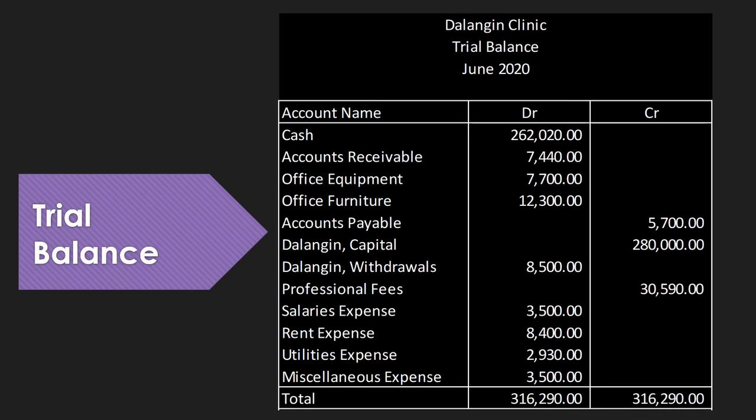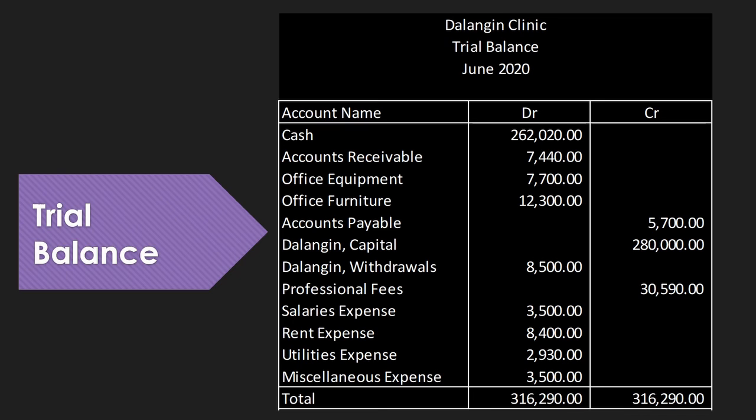Liquidity, ibig sabihin kung gaano siya katagal ma-convert into cash. So, unahin mo yung current assets mo, yung cash, accounts receivable, then yung non-current assets mo, office equipment and office furniture, and then after your assets comes your liabilities, since isa lang naman ang liability mo dito, then your equity accounts, your capital, then your withdrawals, and then your revenue accounts, then your expense accounts.